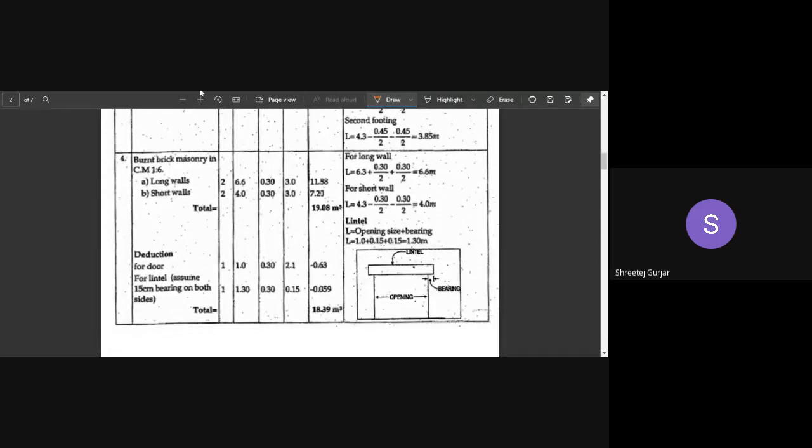I hope you have understood this long wall short wall method. And should we continue? It is 11:50. Should we continue with the next part, that is your center line method? Center line method, same problem. We will solve the same problem with your center line method, and you can compare the values that we get in the end.